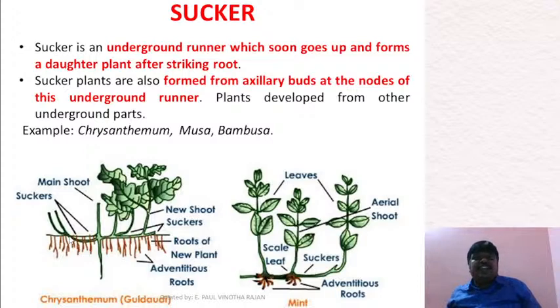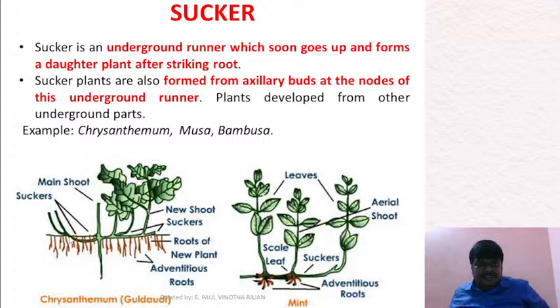We know what is runner, right? Runner means the branches are formed from the basal internodal regions. The runner grows underground and it will come out and develop into a plant.